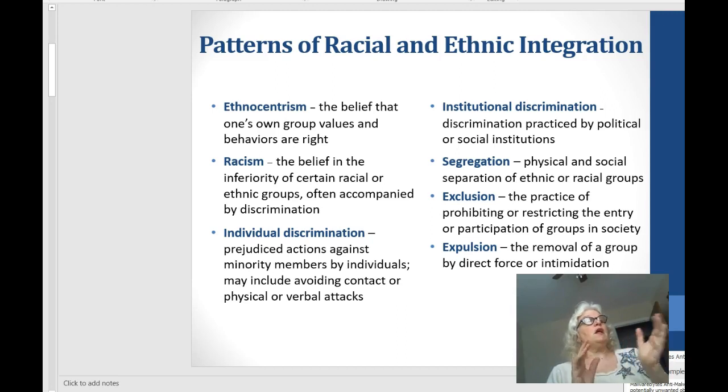Racism is the belief in inferiority, that one certain race or ethnic group is inferior, and therefore it is accompanied in this pattern of discrimination. And we can look at this easily, racism, when we think about the immigration of the Irish after the potato famine.